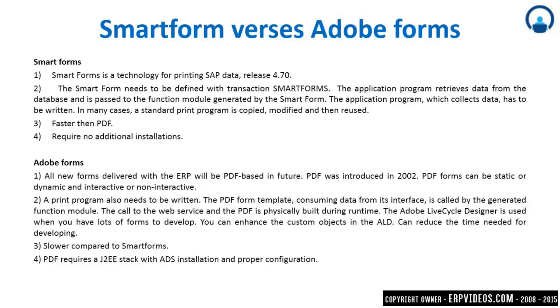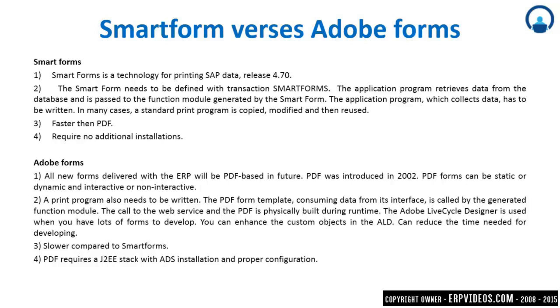Further, a Smart Form needs to be defined with the Smart Forms transaction, and the application program retrieves the data from the database and passes it to the function module generated by the Smart Form. Then the application program which collects the data has to be written. In many cases, a standard print program is copied, modified and then reused. Then it has faster access than PDF, and it requires no additional installations. So these are some of the points related to Smart Forms.